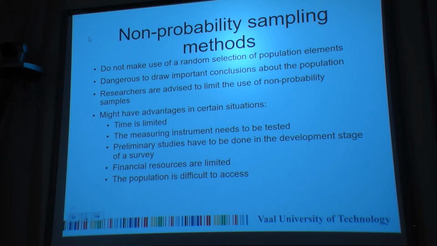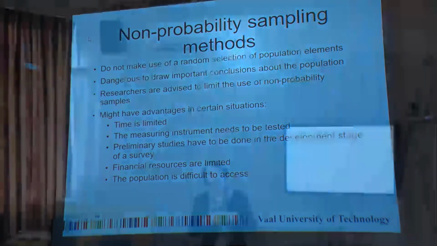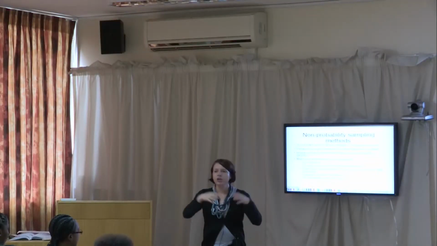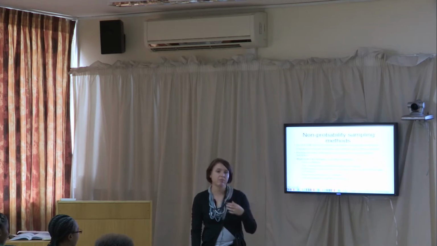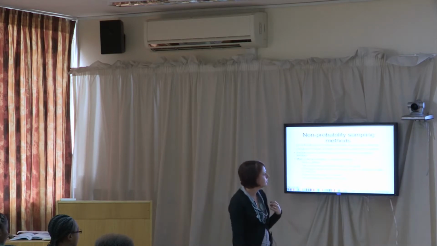So you cannot make a conclusion if you've done 10 respondents based on your own sampling in non-probability, and you find that all 10 of them are not interested in studying towards a further qualification. You cannot say no grade 12 is interested in studying further towards a qualification. That's dangerous if you did not use a probability sampling method.